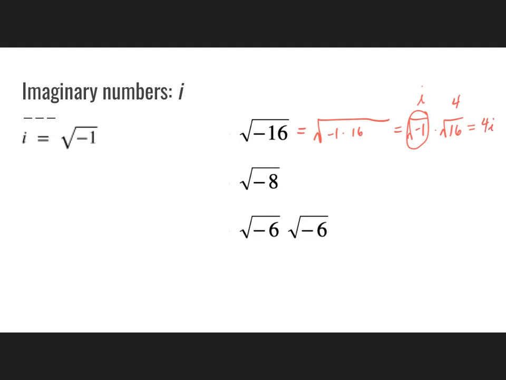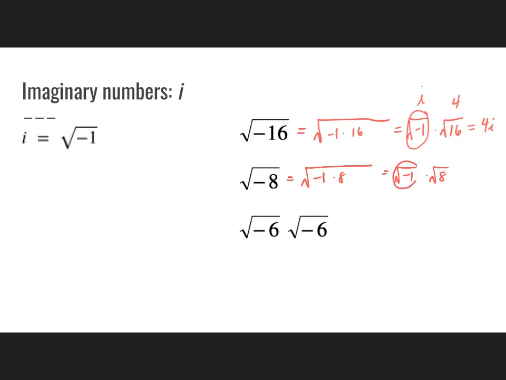And we're going to go into some problems where we actually work with some operations with imaginary numbers, but I can actually just rewrite this square root of negative 16 as 4i using that definition of what my imaginary number is. Let's try another example with the square root of negative 8, right? This is the same as the square root of negative 1 times 8. So I can rewrite this as the square root of negative 1 times the square root of 8.